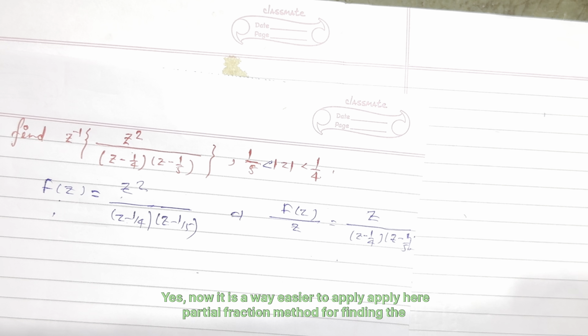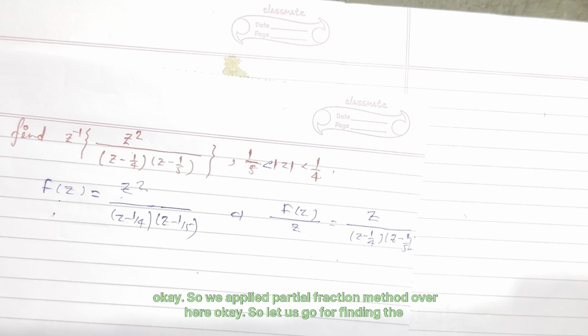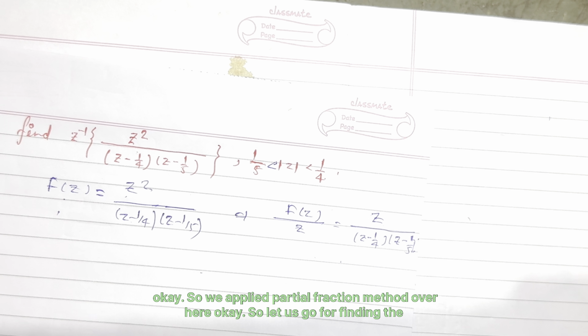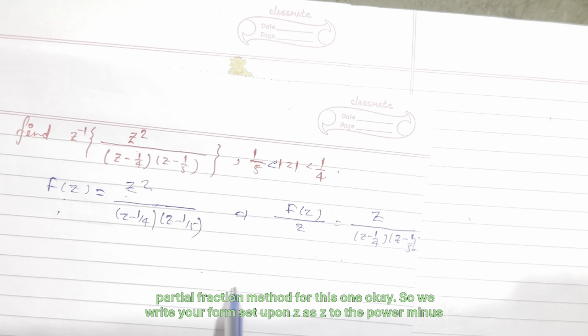Now it is much easier to apply the partial fraction method for finding the inverse Z transform. So let's apply the partial fraction method.